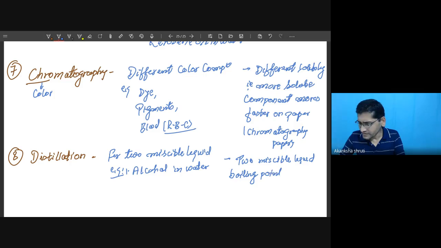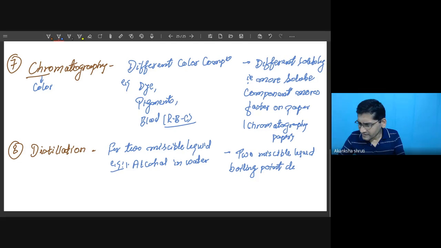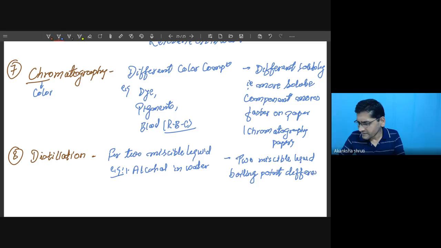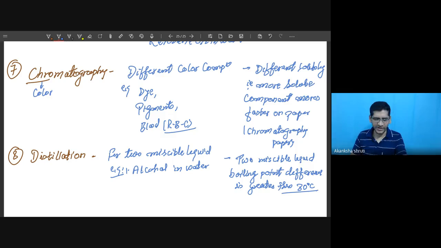Boiling point difference is greater than 30 degrees C. So this difference you have to keep in mind.